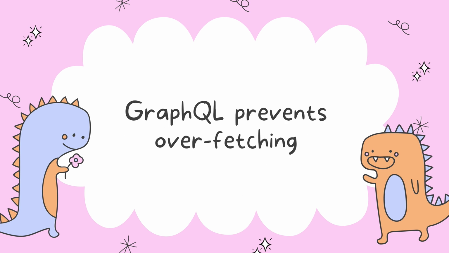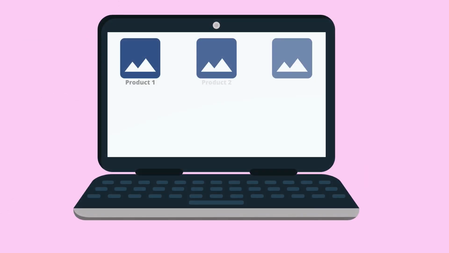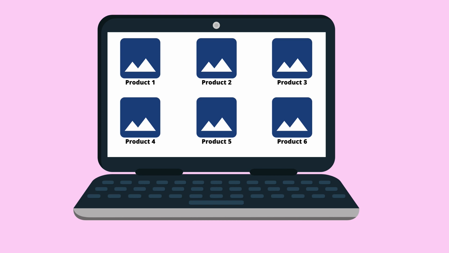Now that we have a basic understanding of what GraphQL is and what it provides us, let's start talking about some of the basic benefits of using GraphQL. Now, we saw this a little bit in the last video, but GraphQL prevents overfetching. And let's go through another example to really illustrate this. So over here, let's say we have a website, an e-commerce website, where we are selling our products.